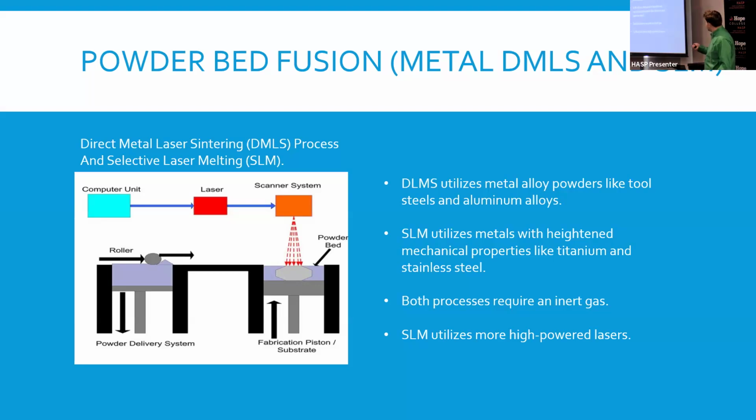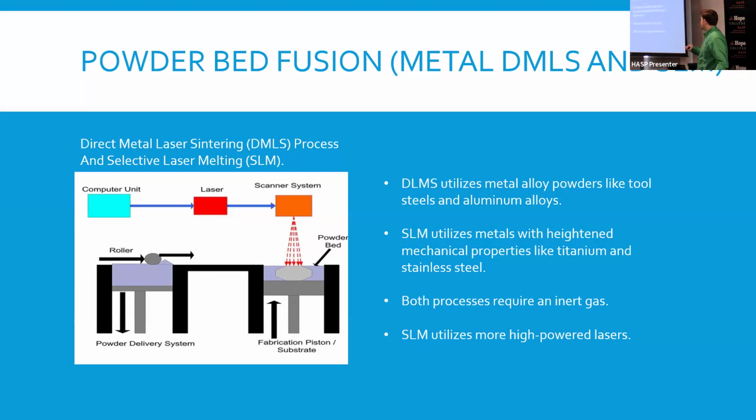And then SLM uses metals with heightened mechanical properties like titanium and stainless steel. The reason is that there isn't as much of that laser going around in a DMLS process, so it's going to be a little bit cheaper.